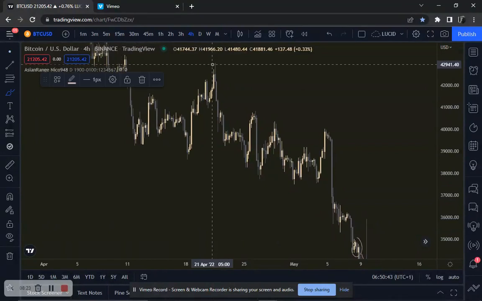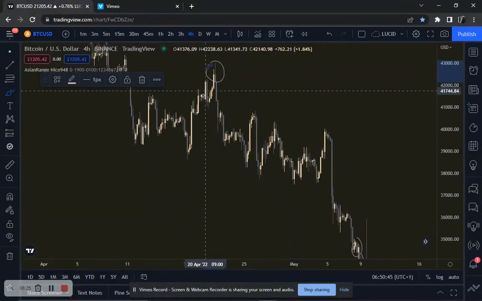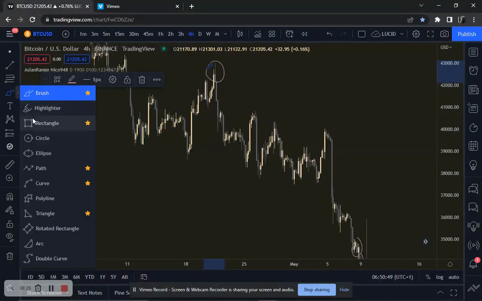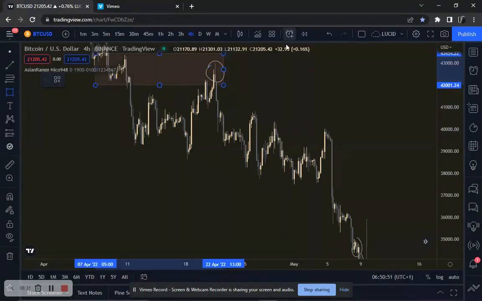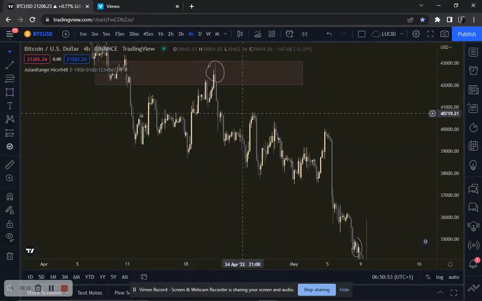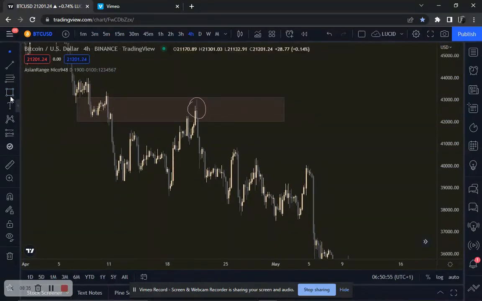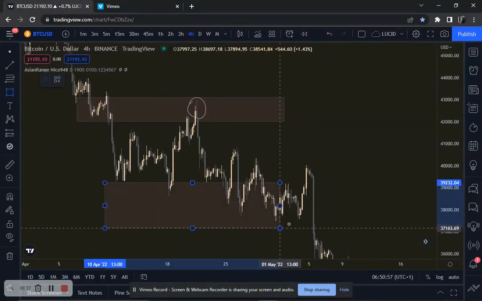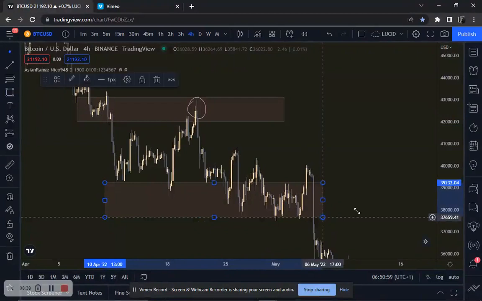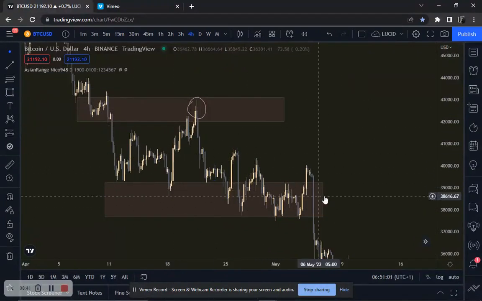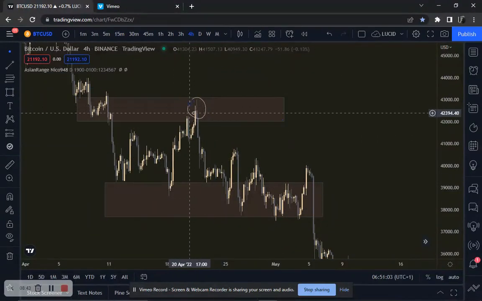We got this a shooting star, right? At the resistance. This should actually be a support zone, but it failed. So this shooting star, drop. Bearish engulfing, drop.